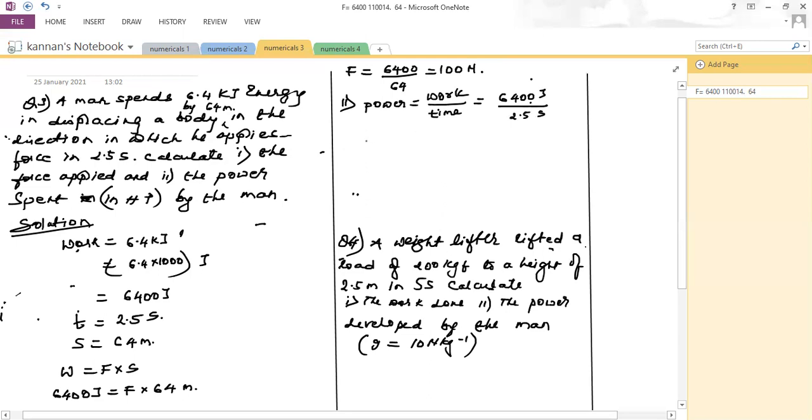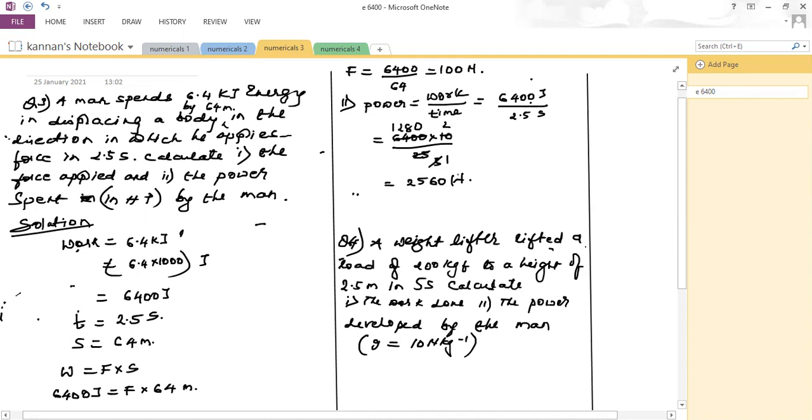So what will happen, children? 6,400 into 10 upon 25. 5 twos are 10, 5 8s are 40. So how much do you get? 2560 watts.